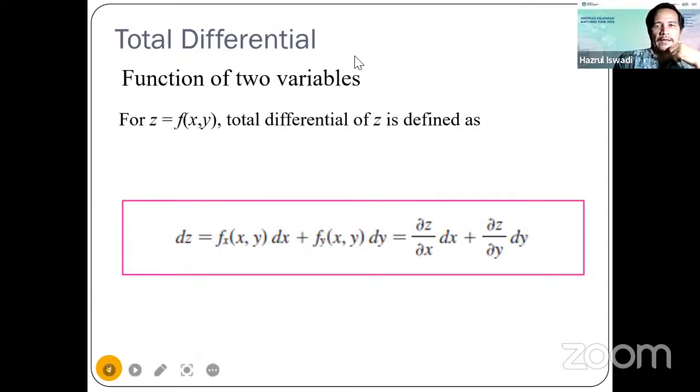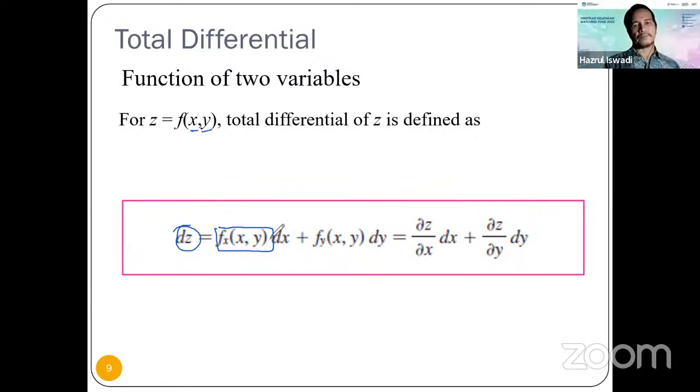The function has two variables, x and y, and the total differential dz is equal to fx multiplied by dx plus the partial derivative with respect to y multiplied by dy.